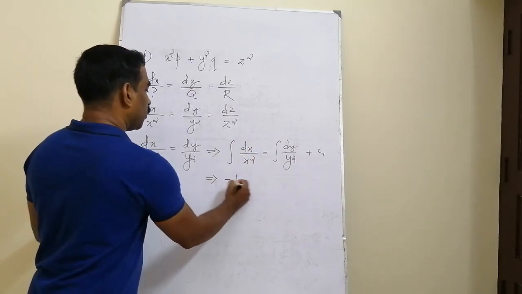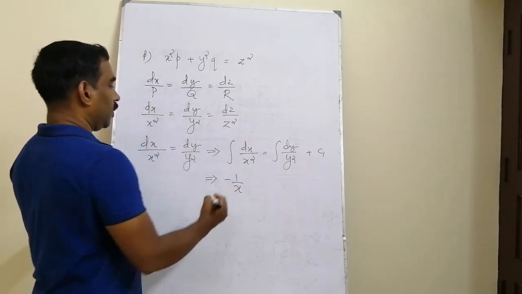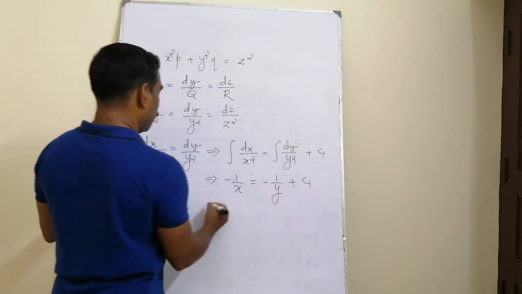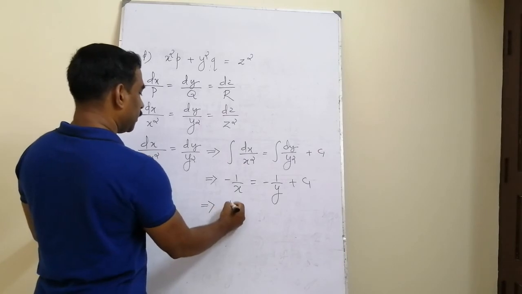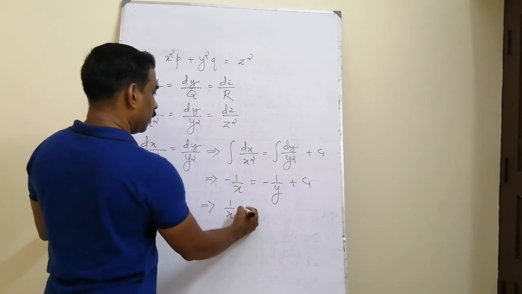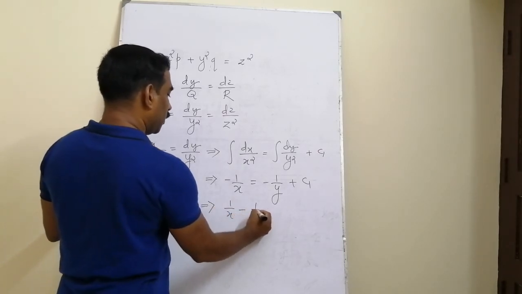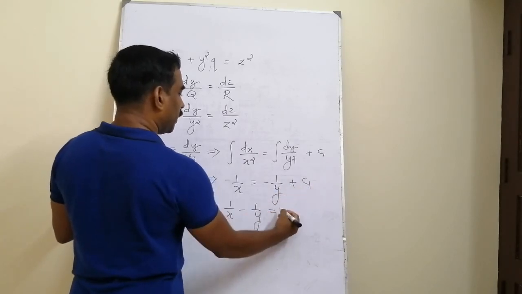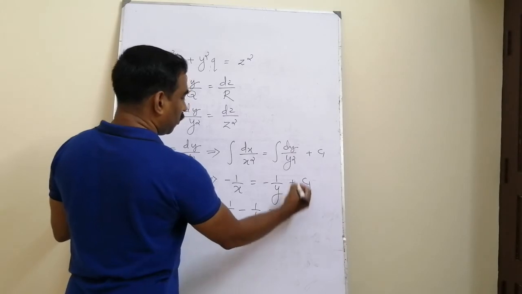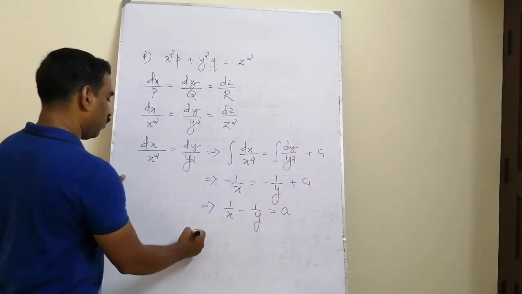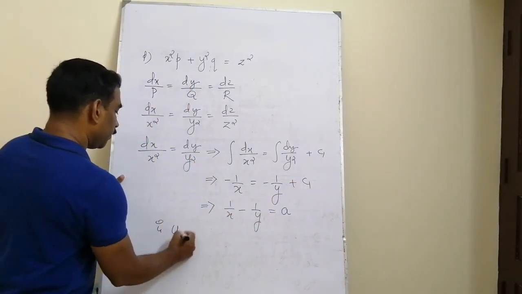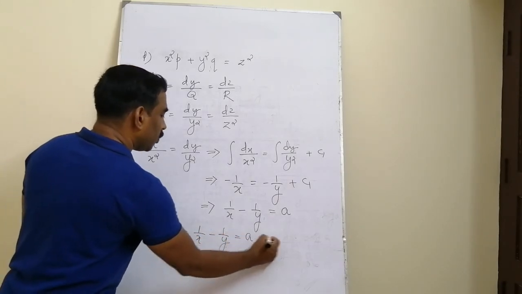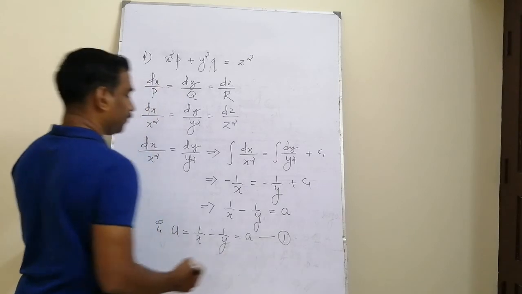So this is minus 1 by x is equal to minus 1 by y plus c1, or this implies 1 by x minus 1 by y is equal to some arbitrary constant. We can replace that minus c1 by some arbitrary constant, say a, so this is in the format u is equal to 1 by x minus 1 by y equal to an arbitrary constant, equation number 1.